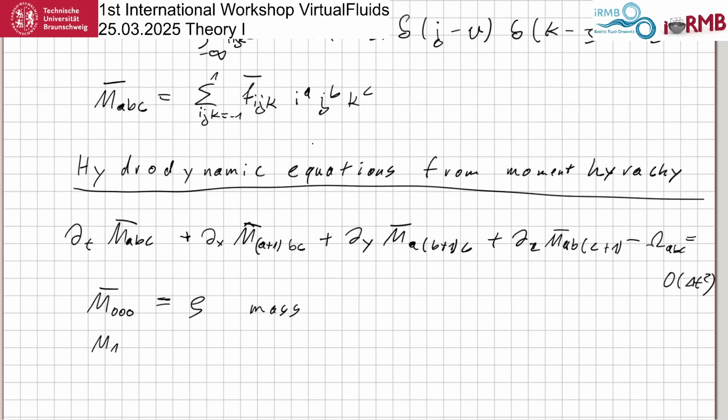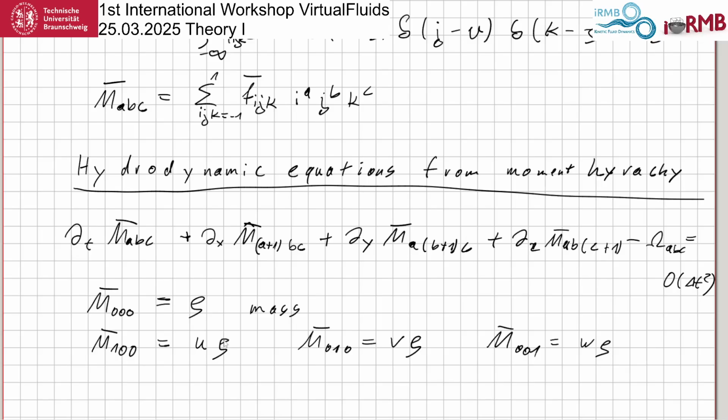Then the first moments like this would be the momentum. So we have u times rho, for the y direction we have v times rho, and for the z direction we would have w times rho.